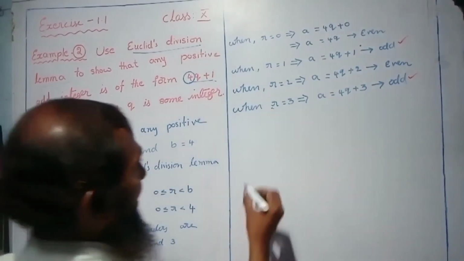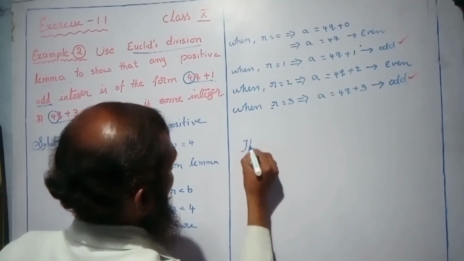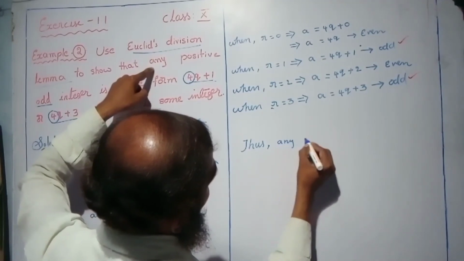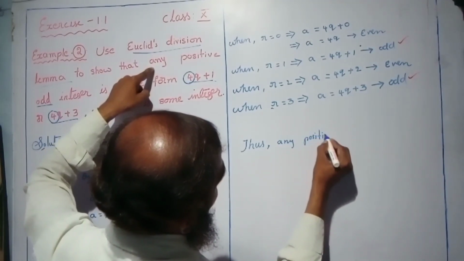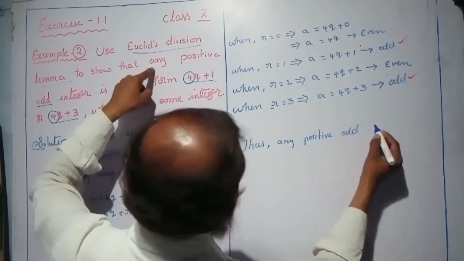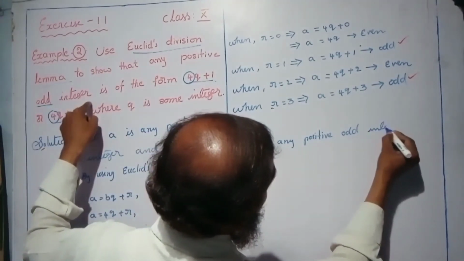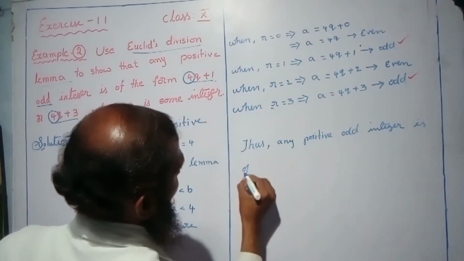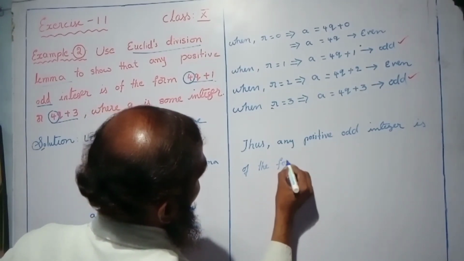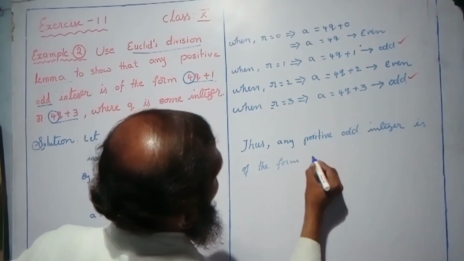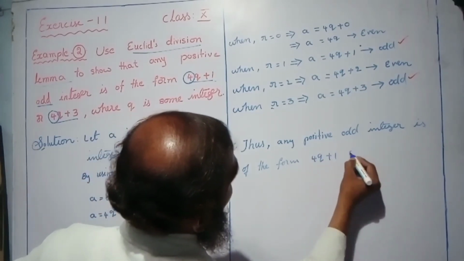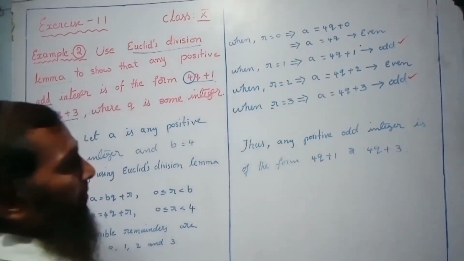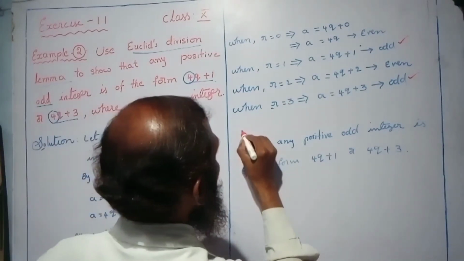So our conclusion is: thus any positive odd integer is of the form 4q plus 1 or 4q plus 3.